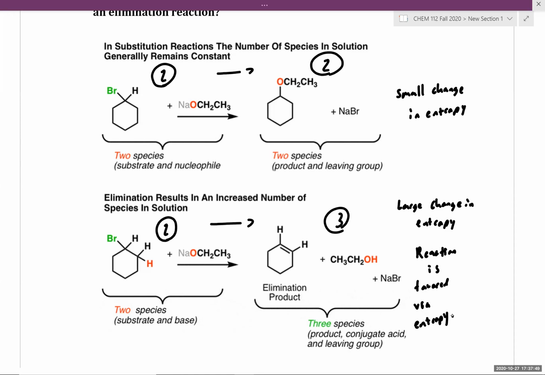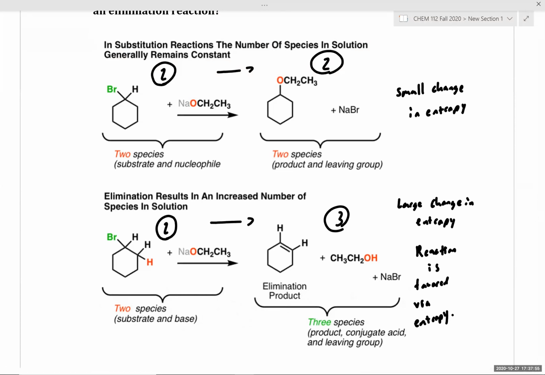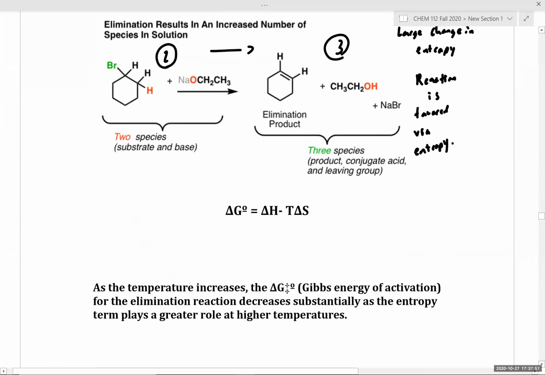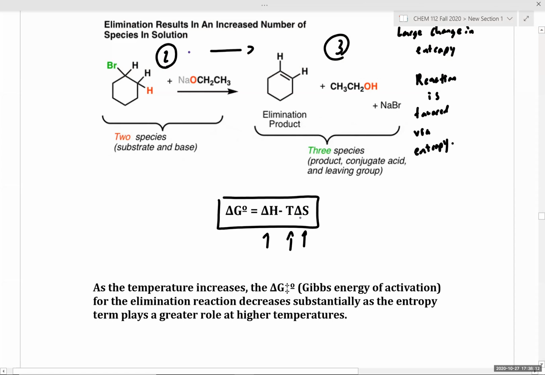Okay, perfect. So now that we've established that elimination reactions are substantially more favored via entropy, that in turn can help us explain this temperature effect. Remember, Gibbs energy is a function of the enthalpy, entropy, and temperature. And as we notice, the entropy term plays a greater role in the reaction favorability at higher temperatures.